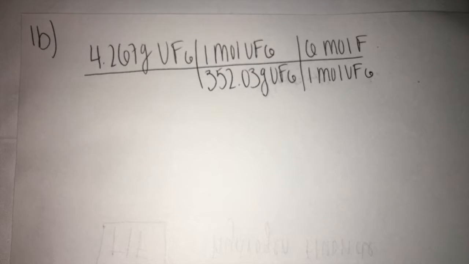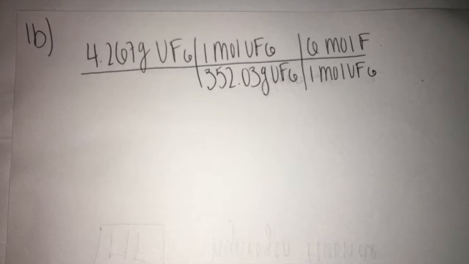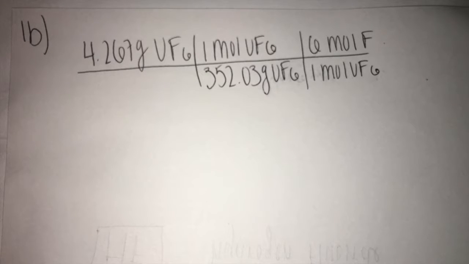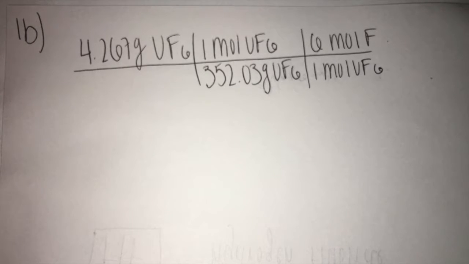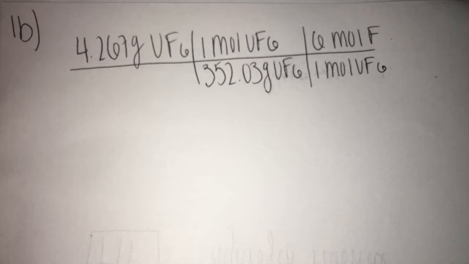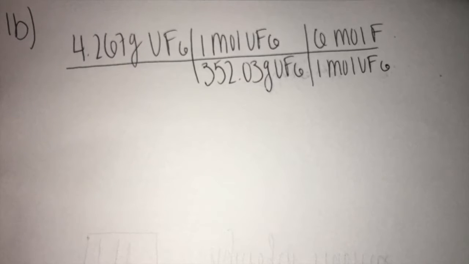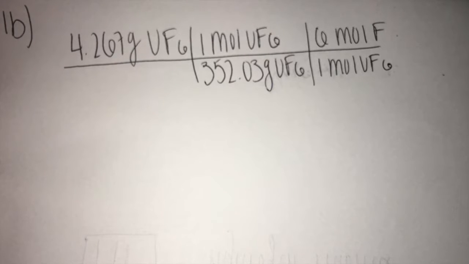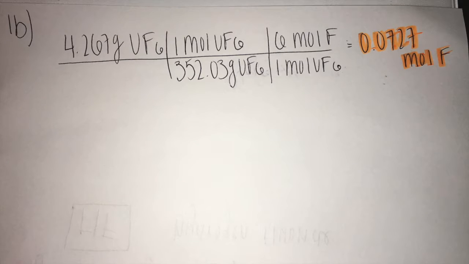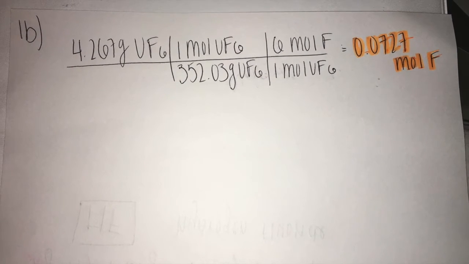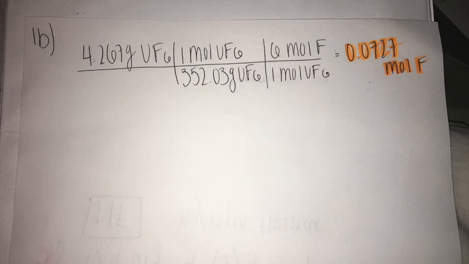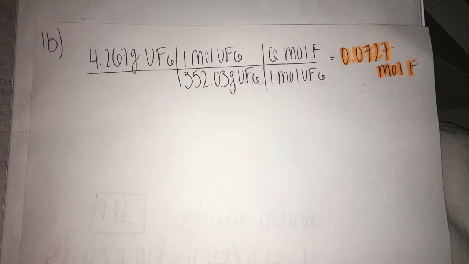To do this, we find how many moles of uranium fluoride are in 4.267 grams by dividing it by its molar mass of 352.03 grams per mole. Then we multiply by the molar ratio of 6 moles of fluorine per 1 mole of uranium fluoride. Once you multiply that out, you will get 0.0727 moles of fluorine as your answer.